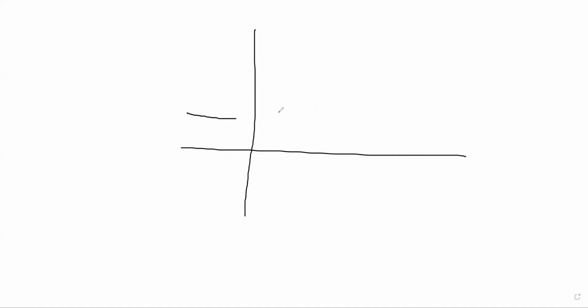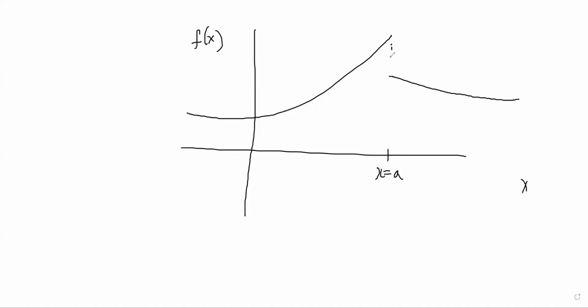For example, this graph is here and this graph is like this after that. At point here, x is equal to a. This is the graph of f of x versus x, okay? So what is happening is the function value is increasing, and then it drops and then goes like this, right? Now, here we will say that as x tends to a, f of x does not have a limit.